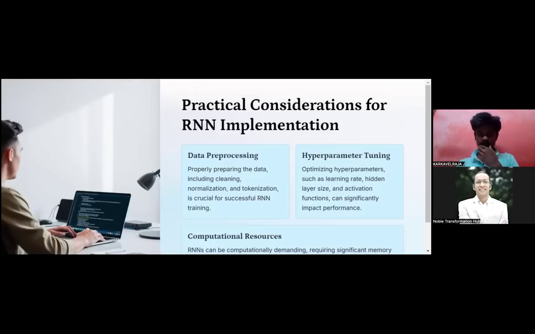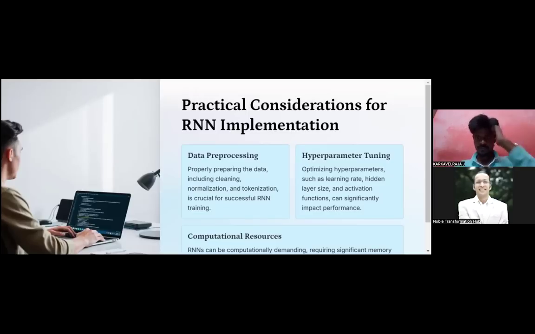Second is hyperparameter tuning. Hyperparameter tuning is optimizing hyperparameters such as the learning rate, hidden layer size, and activation function, which can significantly impact performance. So for performance optimization, we need hyperparameter tuning. Third, computational resources: RNN can be computationally demanding, requiring significant memory.